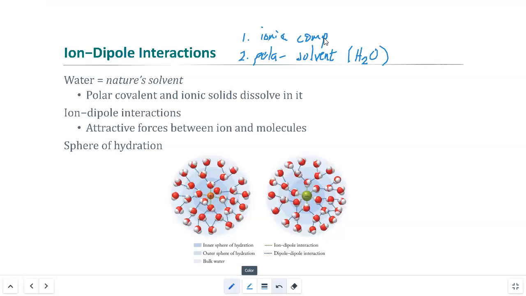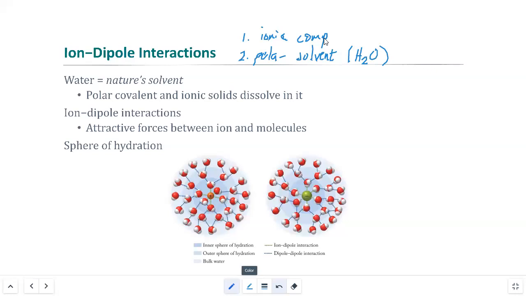An ion has complete charge. It is completely +1, completely +2, completely -1, whatever the case may be. So its ability to attract polar molecules to itself is considerably higher because of the magnitude of its charge.